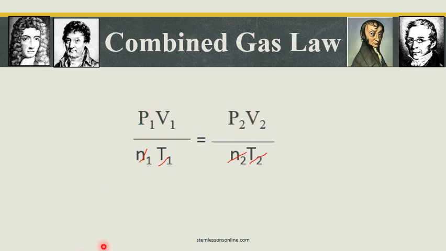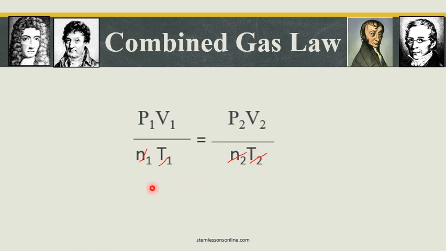And for Charles's law, P1 and N1 remain the same, and then V1 over T1 equals V2 over T2. And for Gay-Lussac's law, we don't have to consider V1 and N1 or V2 and N2. We can take those off, and then P1 over T1 equals P2 over T2.